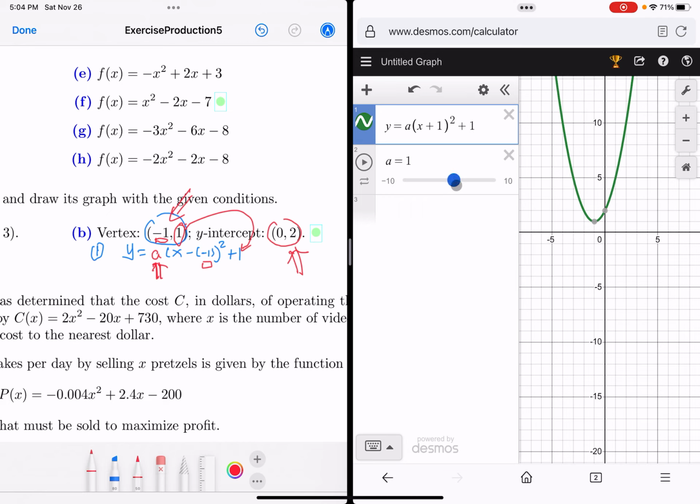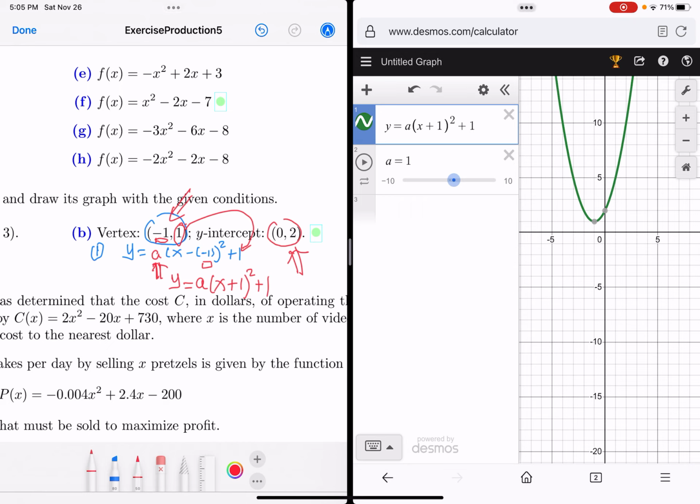Then how do we use 0, 2 to determine this value a? Here are the steps. You have a times x plus 1 squared, and then plus 1, which is y.